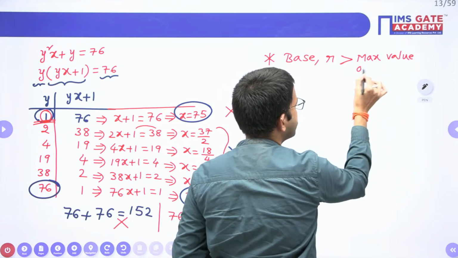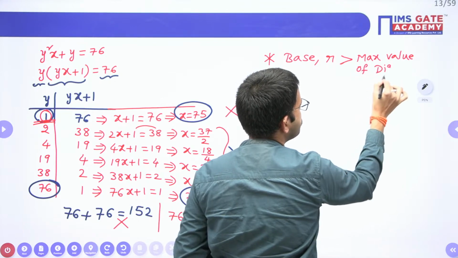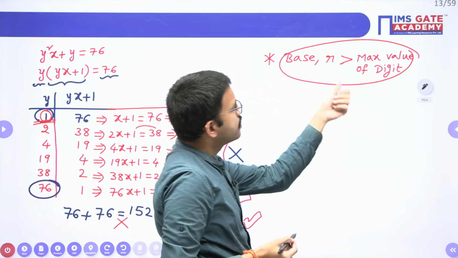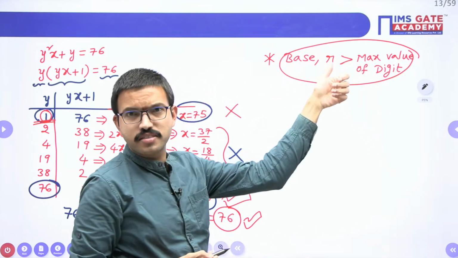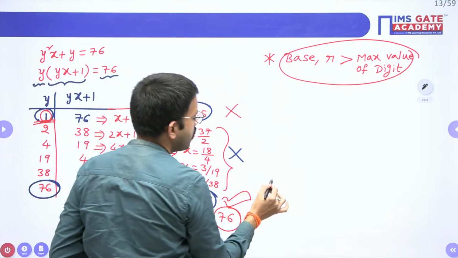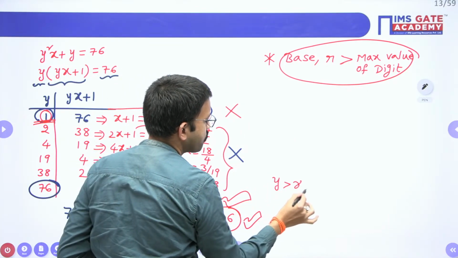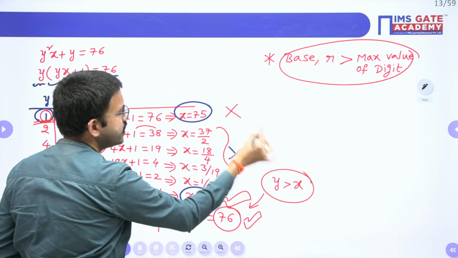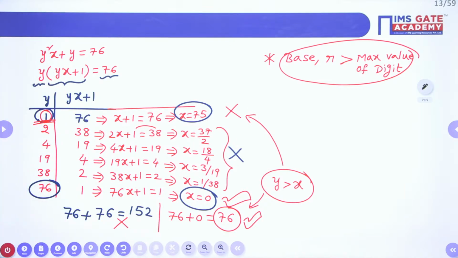In general, all the digit values are less than the base. So the relation we have used here is y should be greater than x. That is satisfied here, but not satisfied here. For the generalized case, this is the formula.